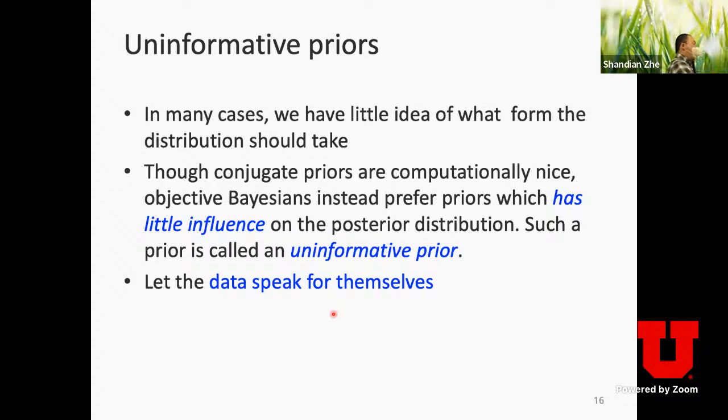So the uncertainty is naturally summarized in the posterior distribution. We discussed the pros and cons of this point of view. Bayesian people find this a really elegant and principled framework.